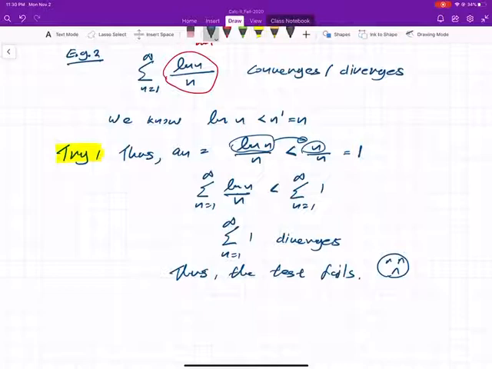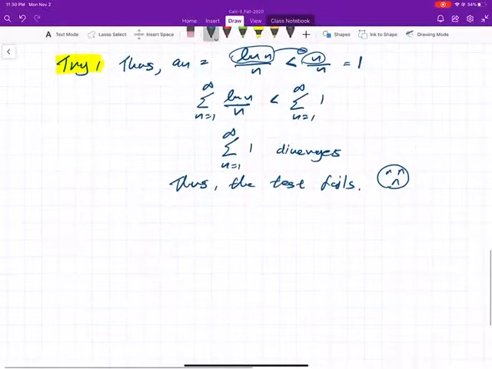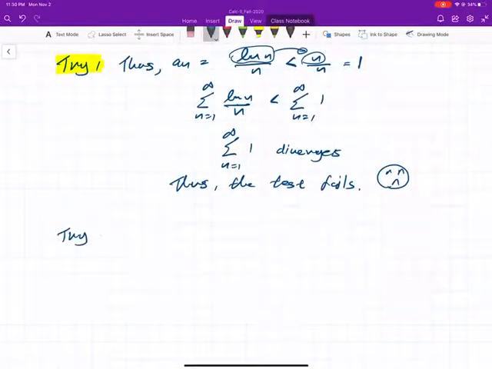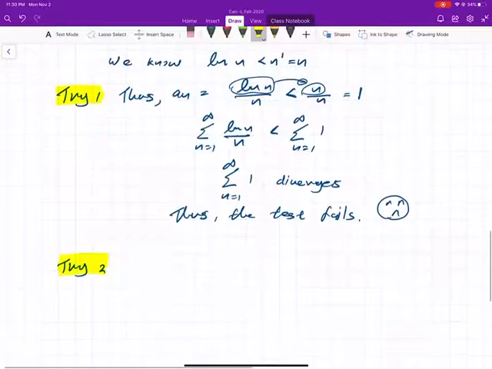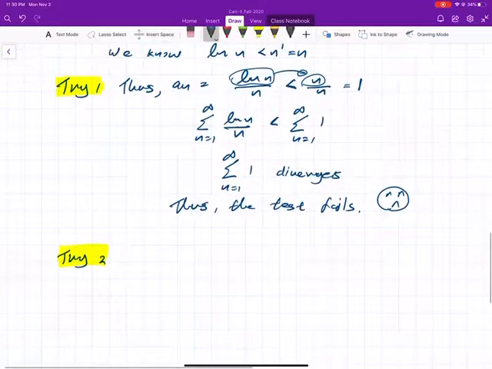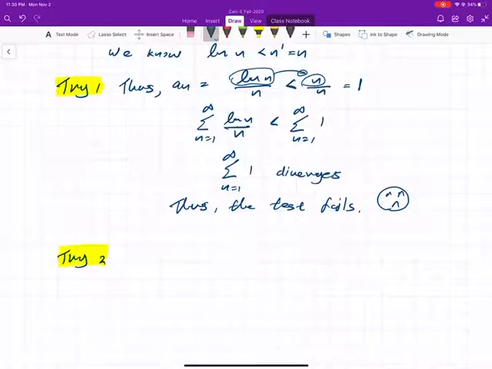Now let's go for try 2. In try 2, what we are trying is just something less than an. Already we have tried something greater than an. Now let's try something less than an.